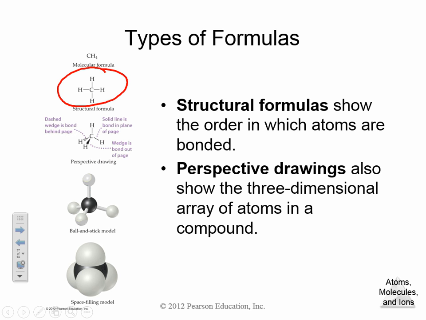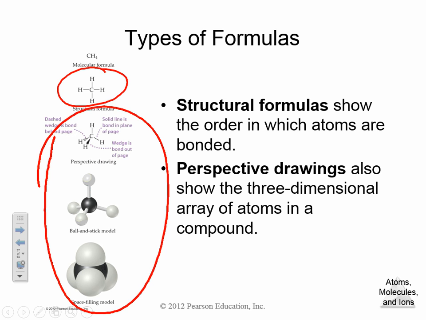So there's a variety of perspective drawings that we can use to imagine it. Now, they really prefer in these slides using these geometric configurations for a lot of atoms. So a structural formula is just the Lewis dot structure. Perspective drawings are a 3D arrangement of how they would look.